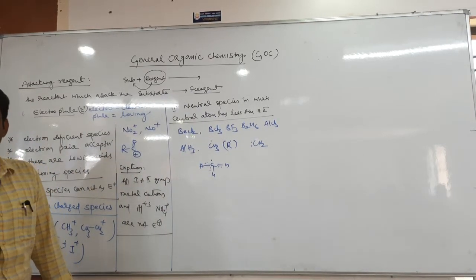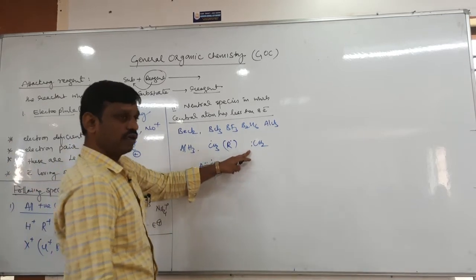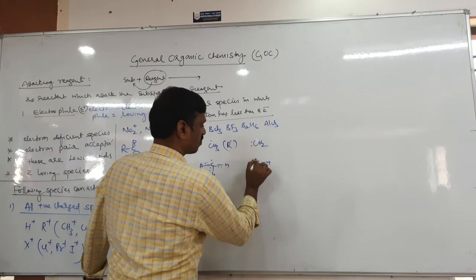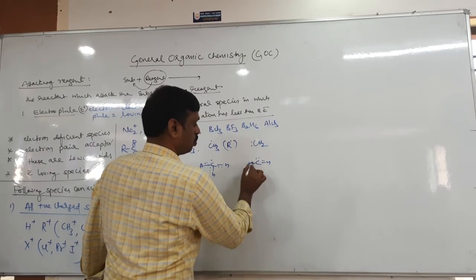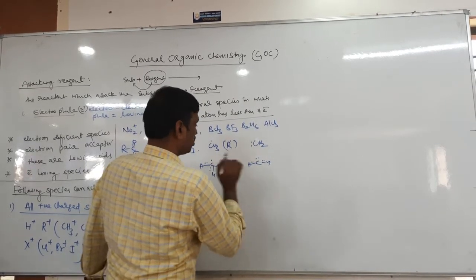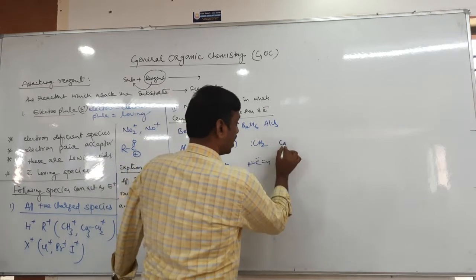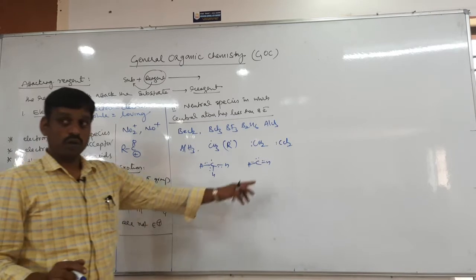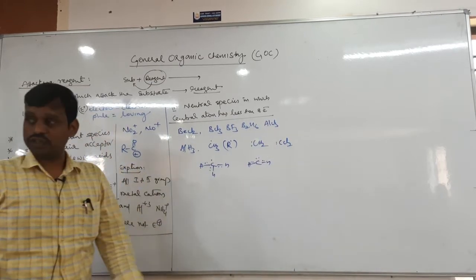Next is carbene. Carbene is a neutral divalent species having 2 free electrons. How many electrons does it have? It has 2, 4, 6, just 6 electrons. Therefore, carbene, dichlorocarbene. This dichlorocarbene is used in the Reimer-Tiemann reaction.